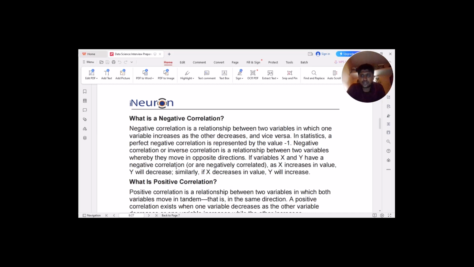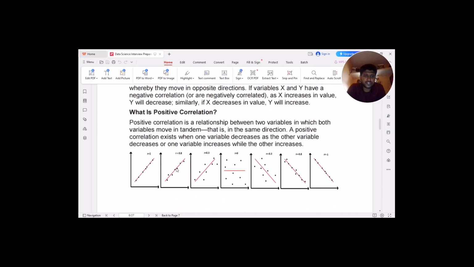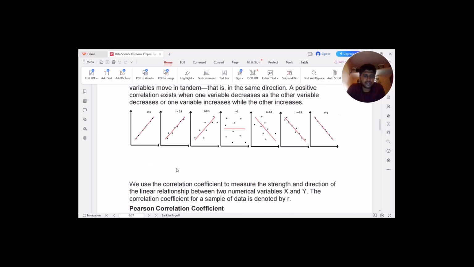Positive correlation is a relationship between two variables in which both variables move in tandem, in the same direction. Positive correlation exists when one variable decreases as the other decreases, or one variable increases while the other also increases.